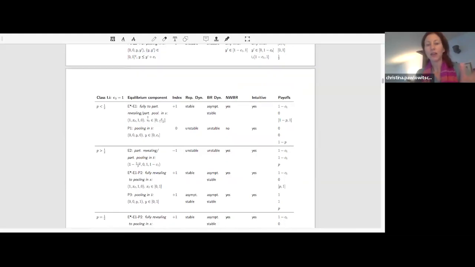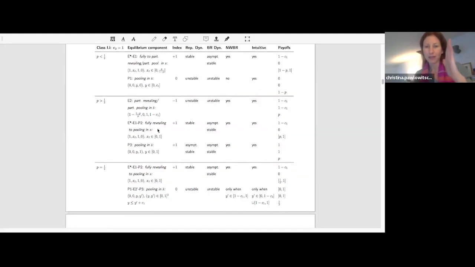So now we change along a different dimension. We look at the variation of this by looking at a different cost parameter. We make the cost of the signal so high that the low type is indifferent between sending the signal and being accepted or not sending the signal. So the cost of the signal is 1 here.